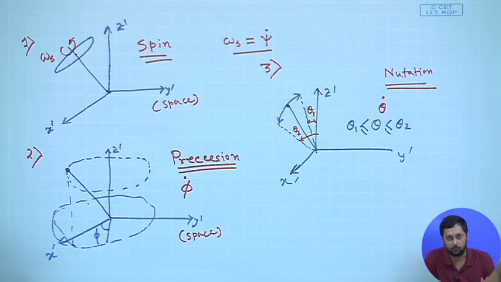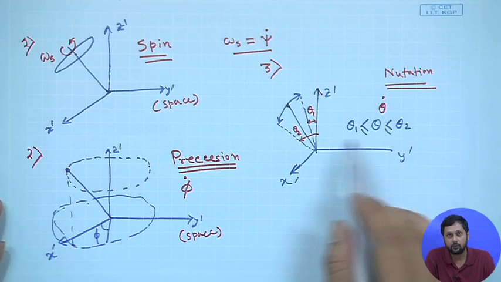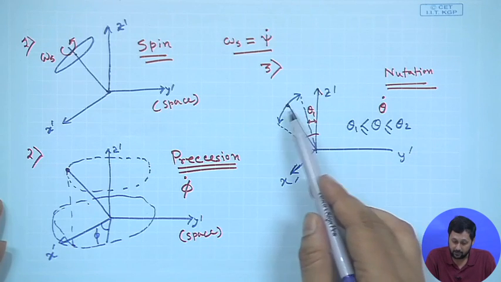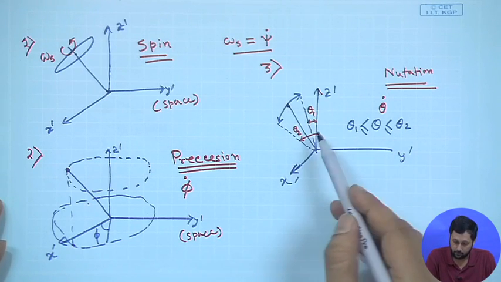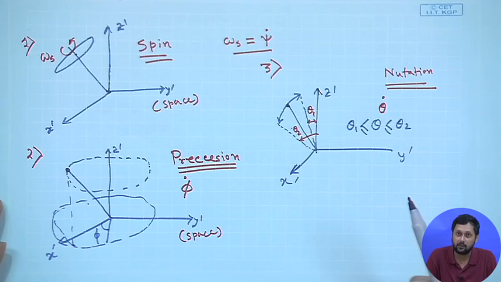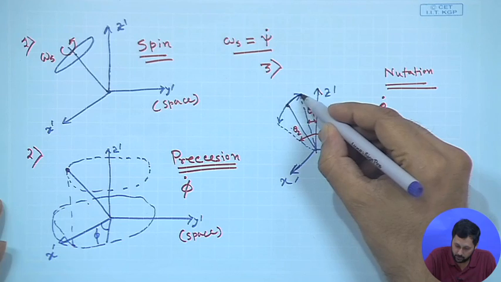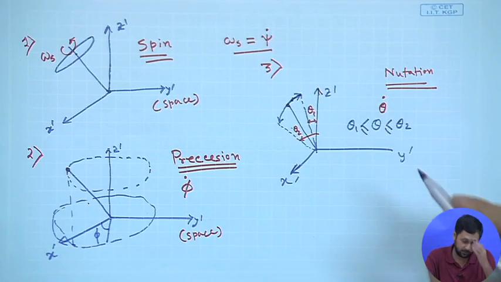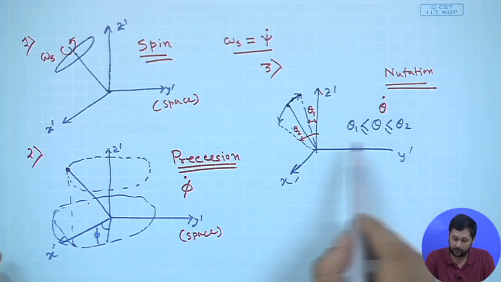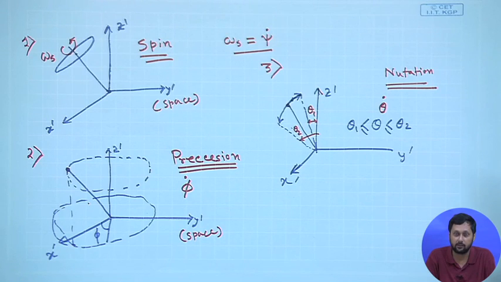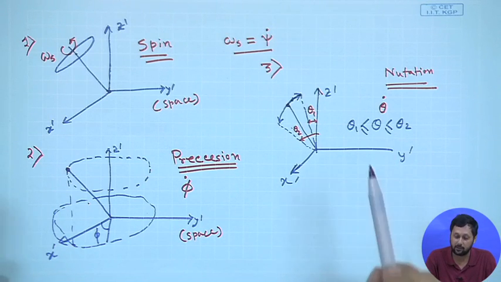Let us assume for a moment that this is the range of nutation. Now, if this is the case, then when the axis of the top reaches theta 1 and theta 2, it has to change direction. It can go up to here, and as it reaches theta 1, it has to start coming down again. How to get to this range is something we will discuss later, but let us assume that this is the range which is defined physically.